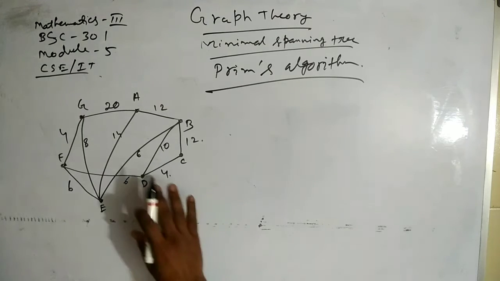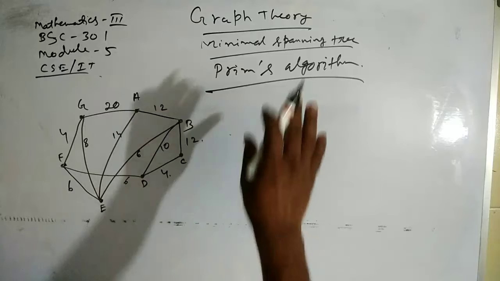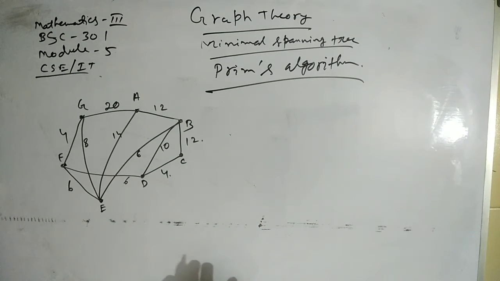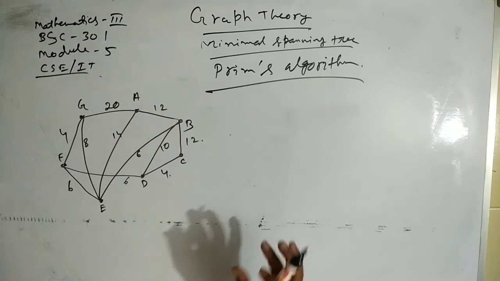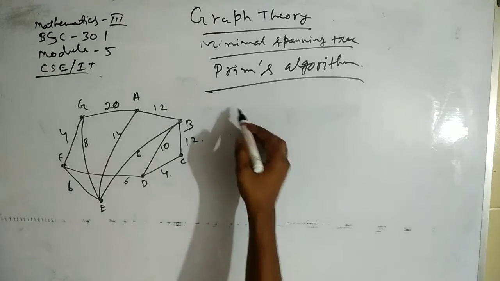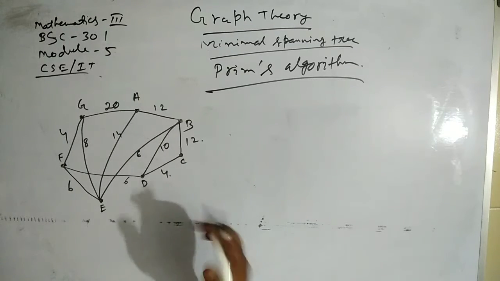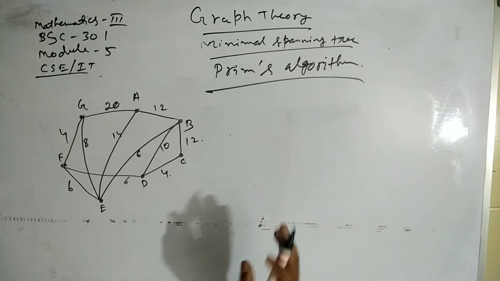We have to find the minimal spanning tree using Prim's algorithm. To use Prim's algorithm on a given weighted graph, we first have to form a table like this. First count the number of vertices. There are A, B, C, D, E, F, G. There are 7 vertices.